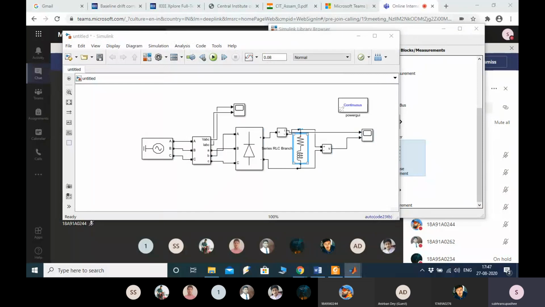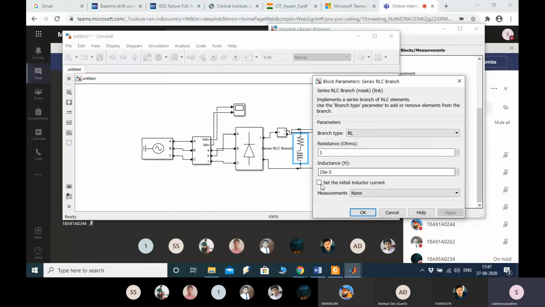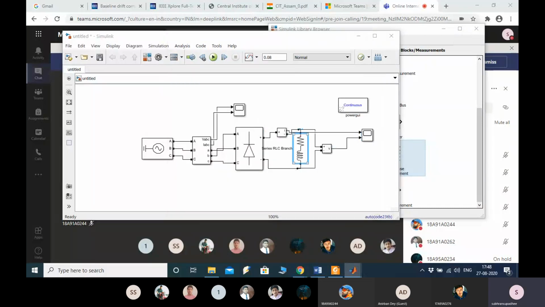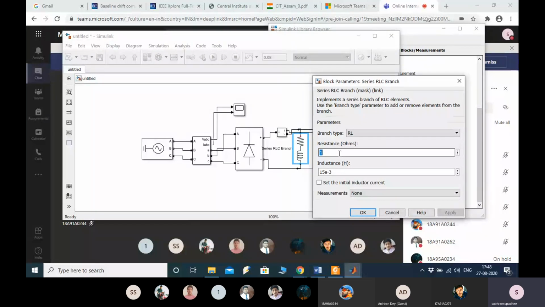As you can mark, as the inductance value is increasing, the output voltage is also getting smoothened out. Though the source current may not be smoothened out, the output voltage is getting smoothened out. For the output current to get smoothened out, you have to increase the resistance.